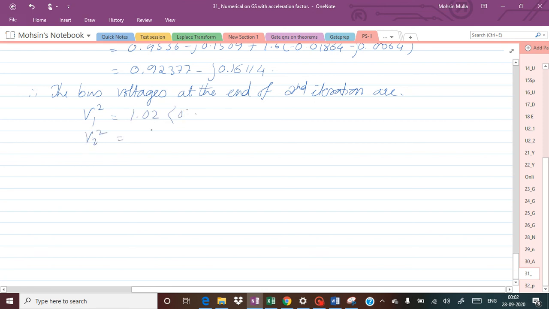V2 of 2 is 0.9477 minus j0.170, and V3 of 2 is going to be 0.92377 minus j0.16114. Okay, so this is it.